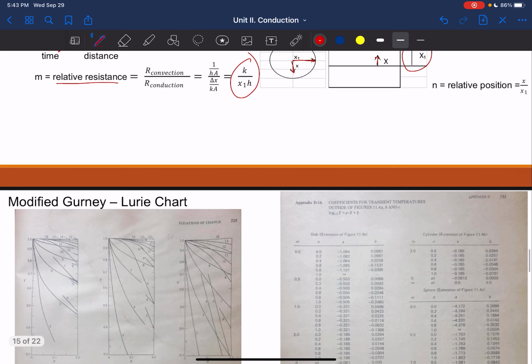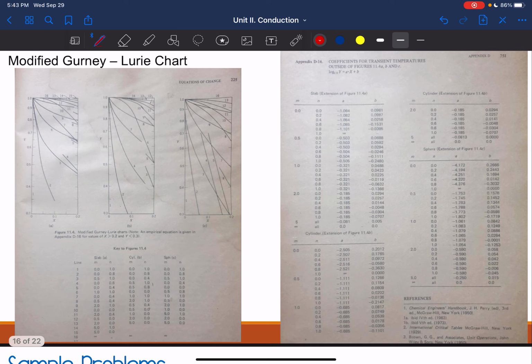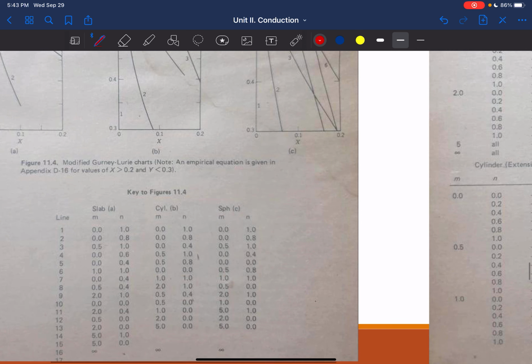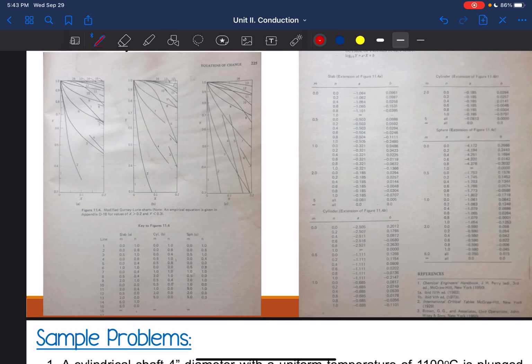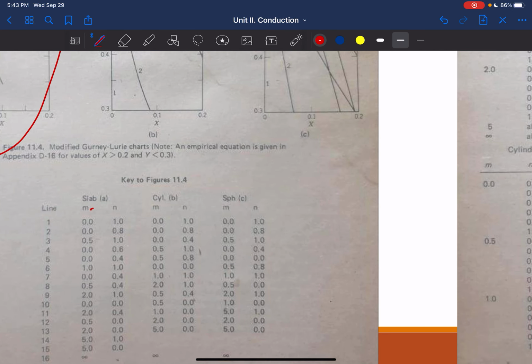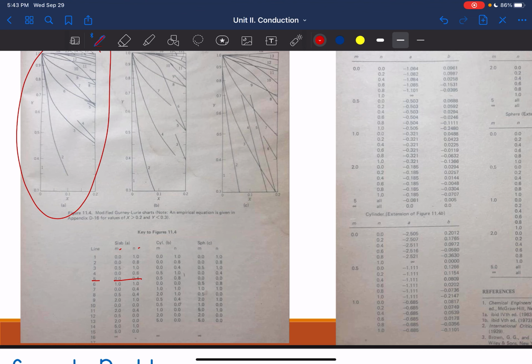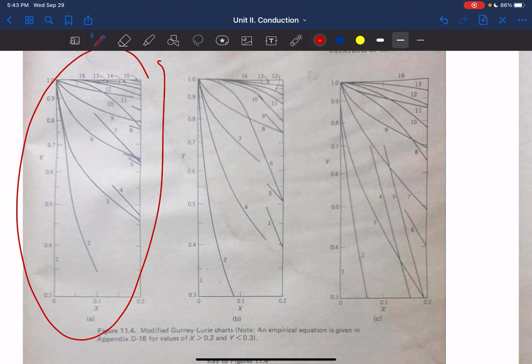Okay, so let's have an example for that. So I think this is the modified Gurney-Lurie chart. So you are given the keys for this figure. If I am to use figure A, ito yung reference ko. You're given M, and kung ang M mo, let's say, is 0 and your N is 0.4, you use line 5. Where is that line 5? It is roughly, this is 2, 3, 4, 6, this one.